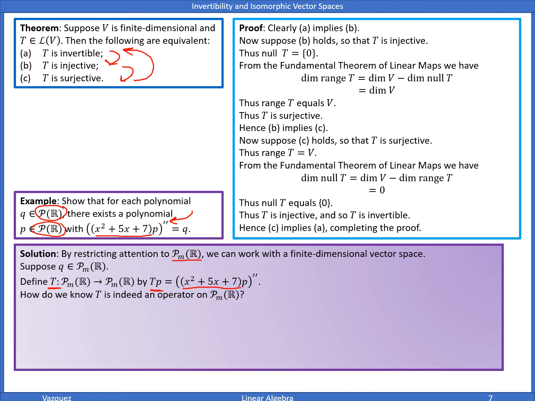Well, how do we know T is an operator? So again, the question is, how do we know that T is indeed an operator? If you want to think about it, go ahead and pause.